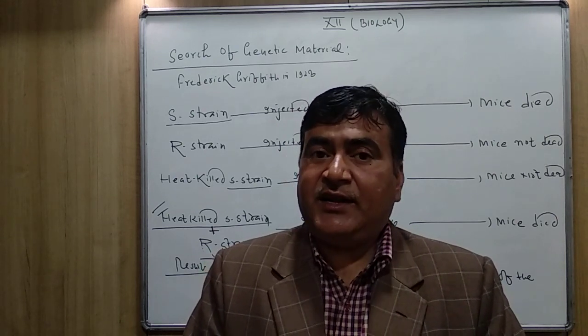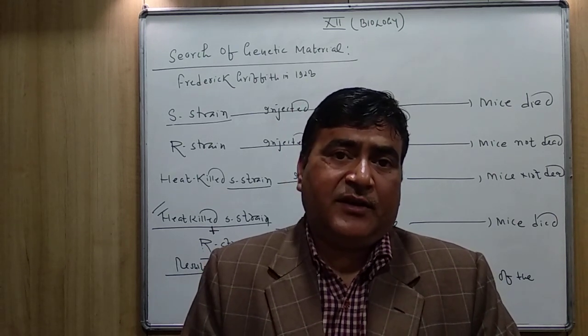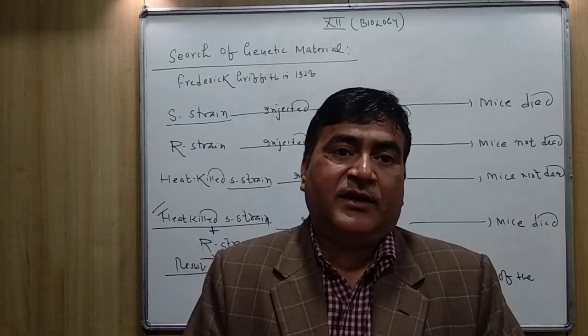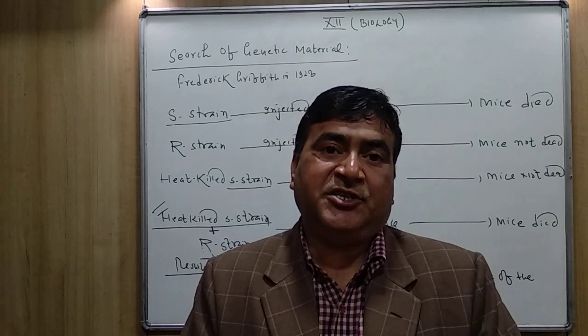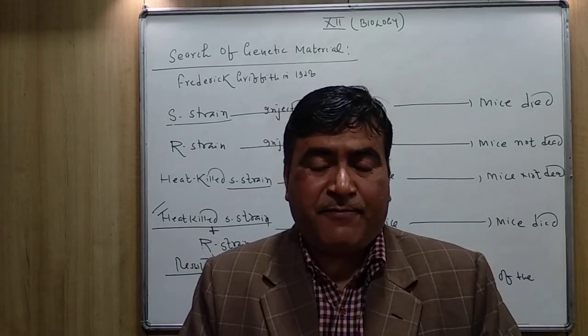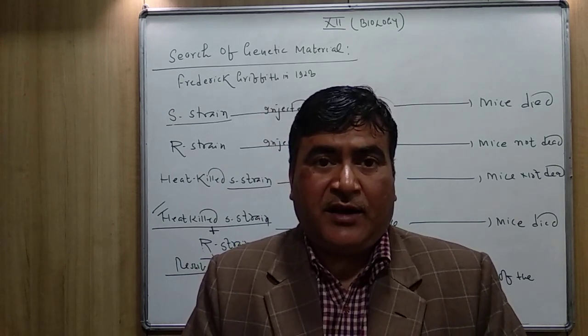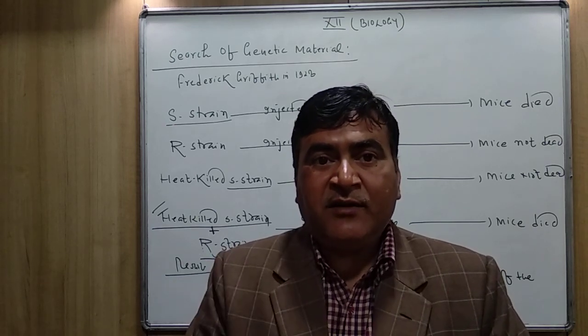But definitely he said that something is coming from the heat-killed strain to the R strain, and that's why R is changed into the virulent strain, and he used the term transforming principle.